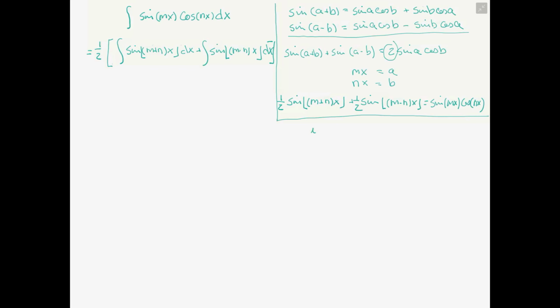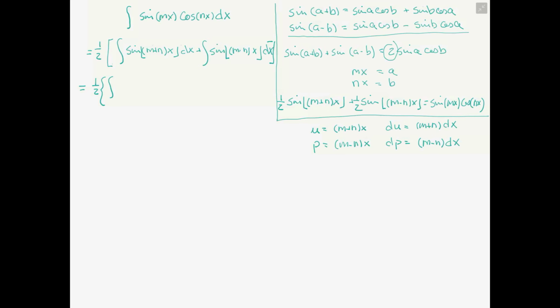Okay. So now we can use the u substitution: u equals (m plus n)x, and du equals (m plus n) dx. We're going to say p equals (m minus n)x, dp equals (m minus n) dx. And so now we have our substitution there.